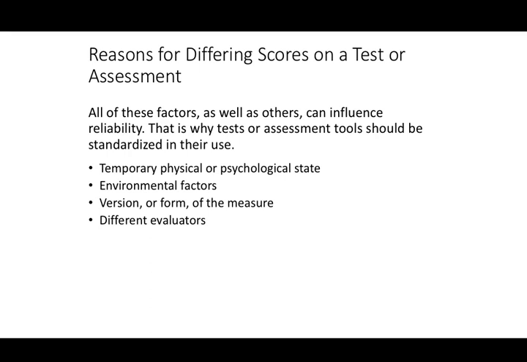Remember that I said reliability is dependent on its context and how much influence or impact the context has on the measure, how much bias can influence the measure. So what are some of the reasons why you might see differing scores between tests or among different people who are taking tests? There could be temporary physical or psychological states.